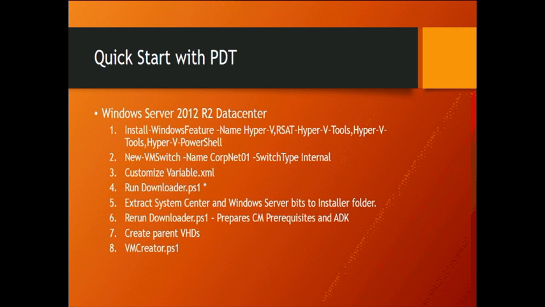Create your parent VMs, and then run VM Creator, and it will go through the entire process. Create your VMs, create your domain controller, create Active Directory. Once Active Directory is up, it will start the other VMs. They will do their installations, they will join a domain, and then it will run through the entire installer process and install System Center for you.